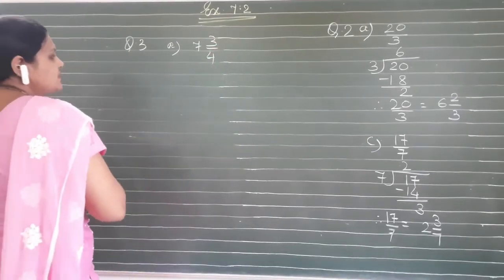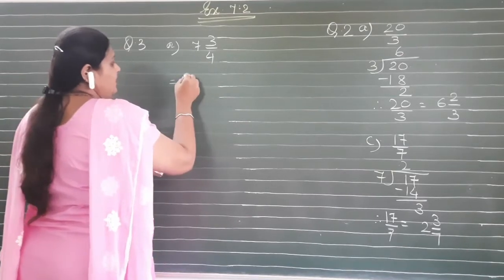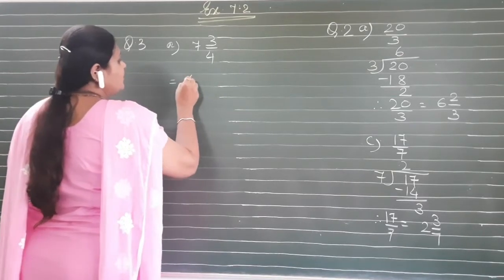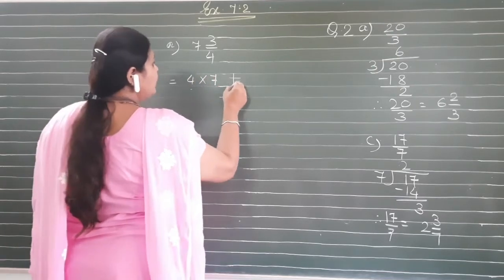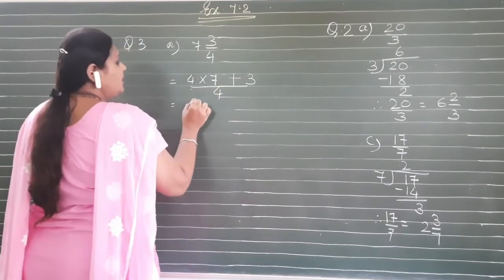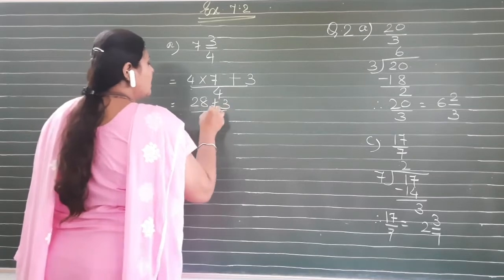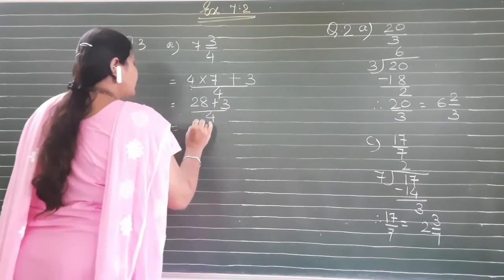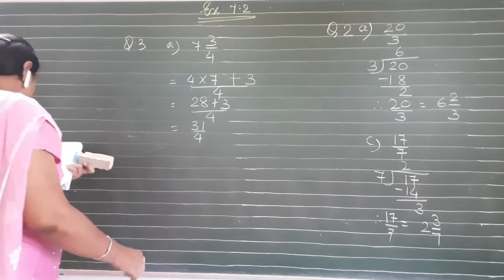As we have discussed in the previous video, very first we will multiply the denominator with the whole number. 4 into 7 plus 3 upon 4. 7 4s are 28 plus 3 upon 4. So it's 31 upon 4.